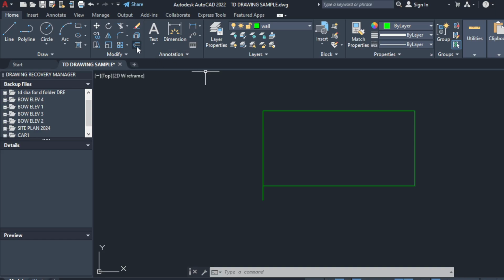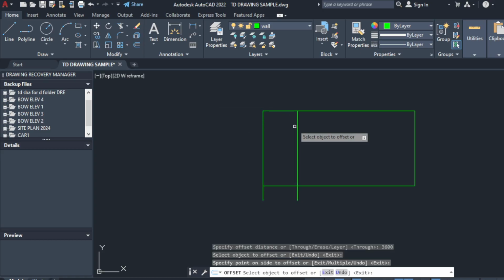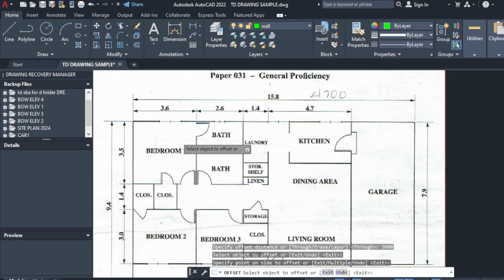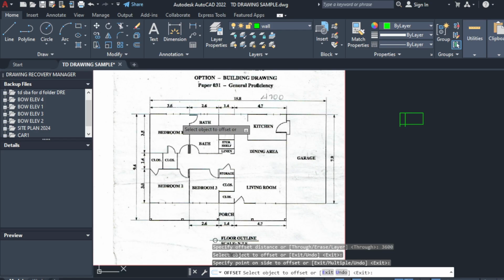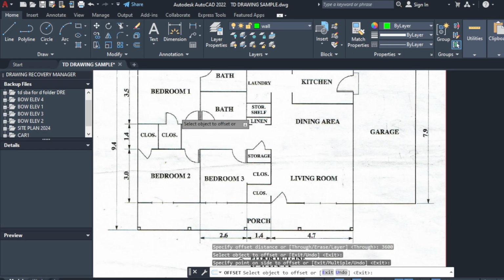So I select offset and type 3600, enter. This is my 3600. This gives me my bedroom 1, bedroom 2, and my closet space.